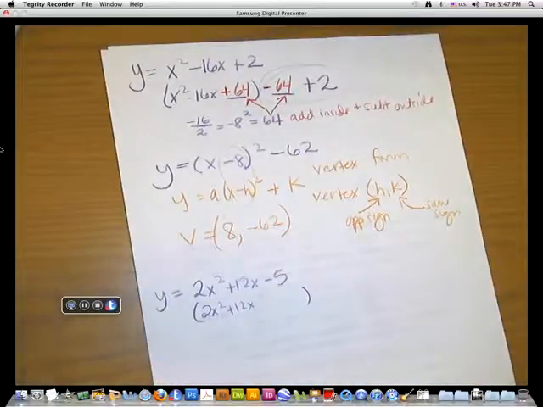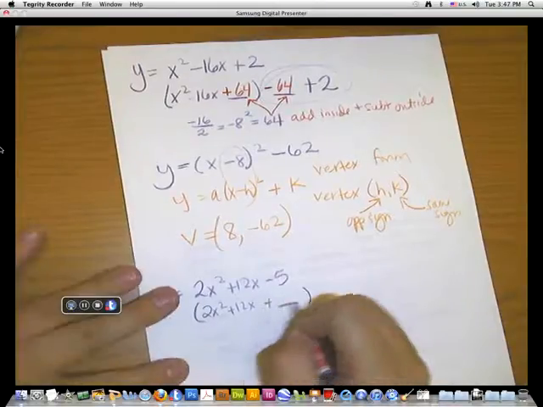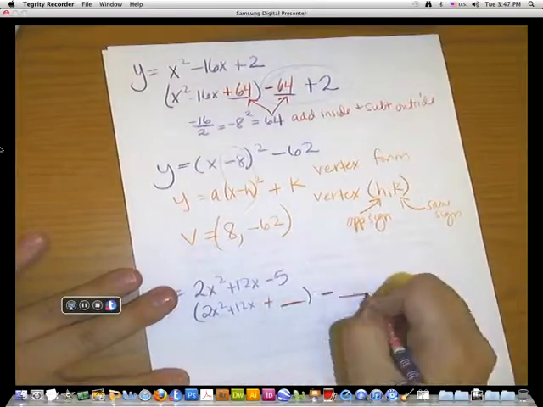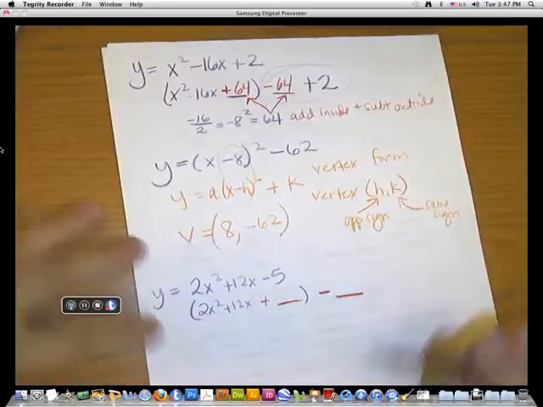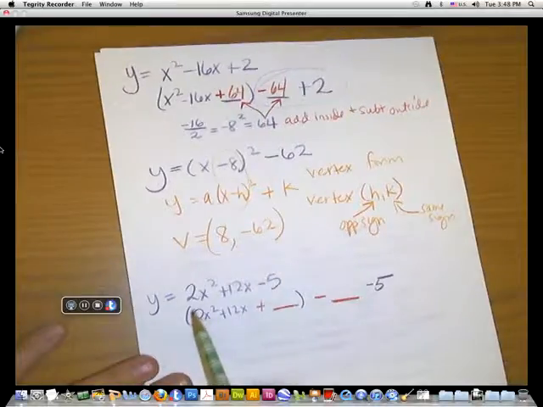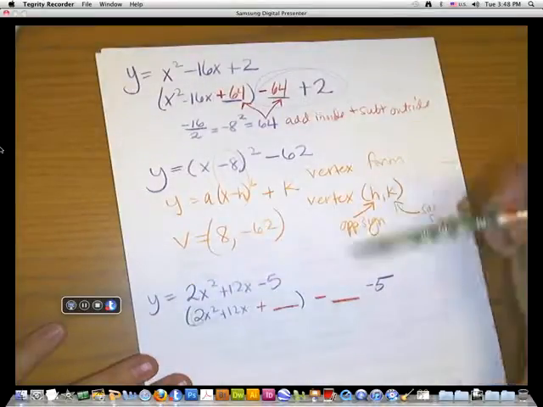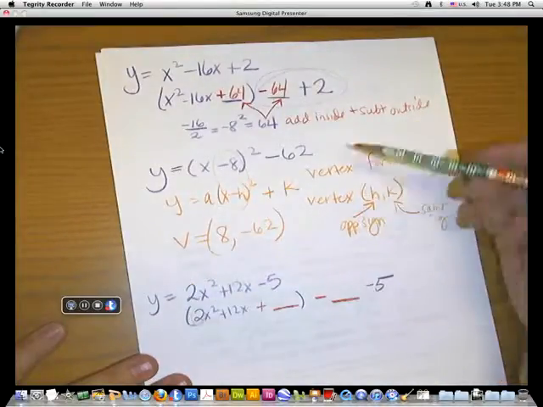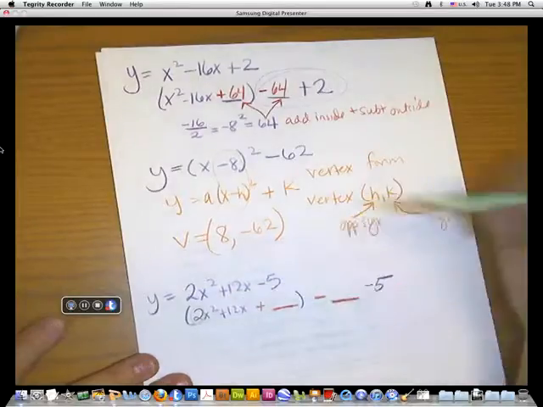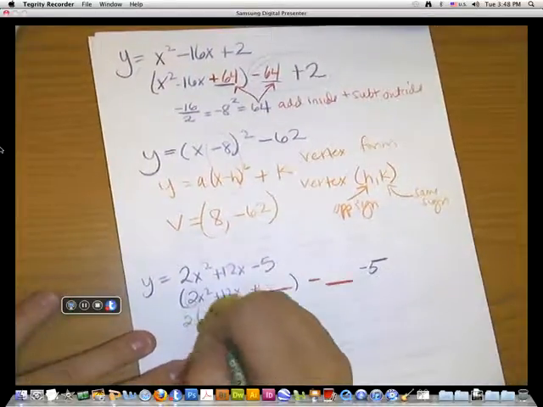We know that eventually we're going to plus something in here and minus something out there. And then the negative 5. The problem with this one is that there's an a. And this is completing the square, and when we're completing the square, we can't have that a. So what we really need to do is take the 2 out.